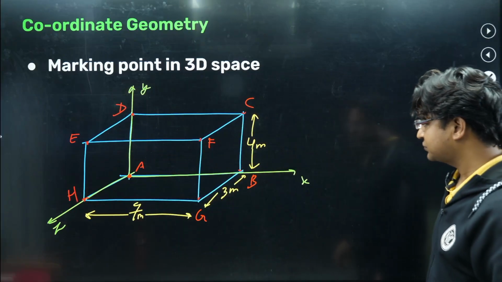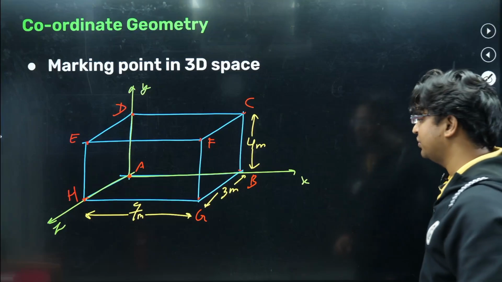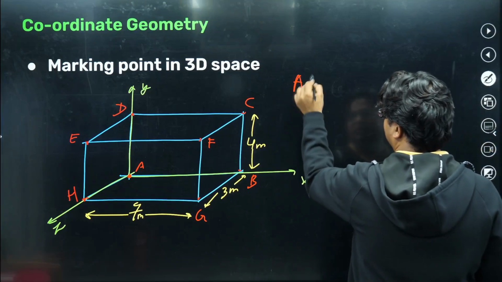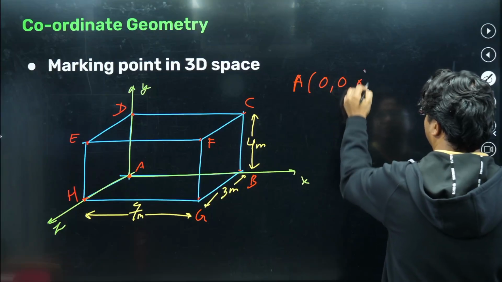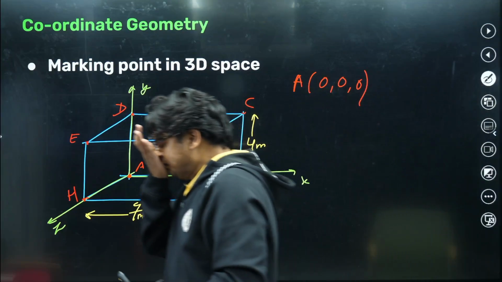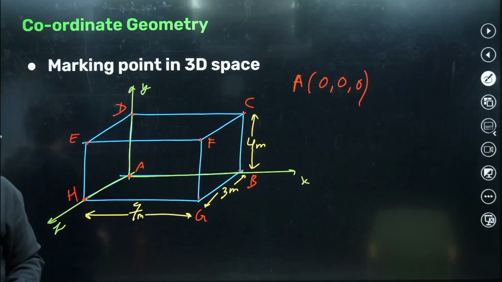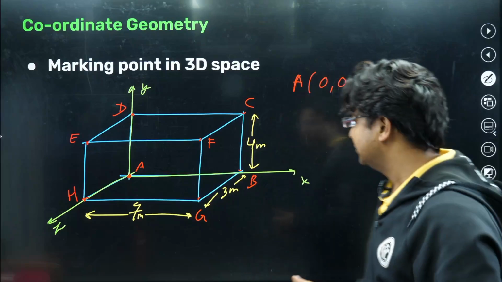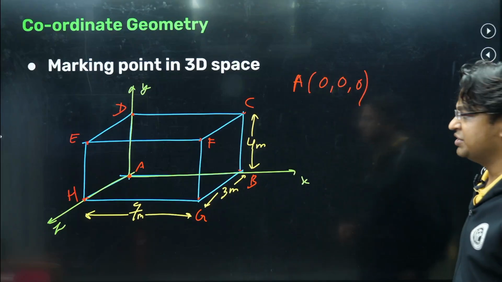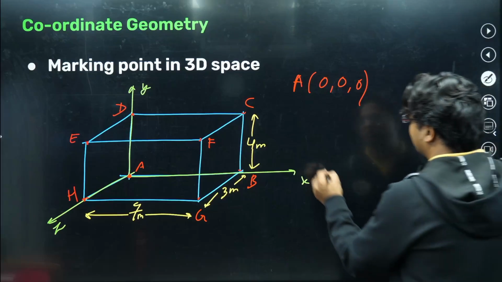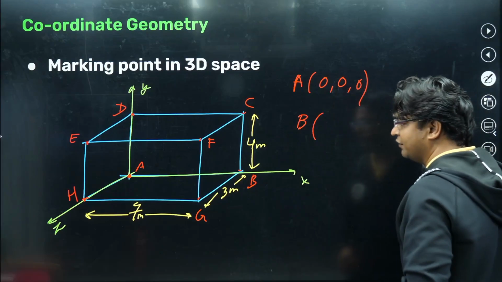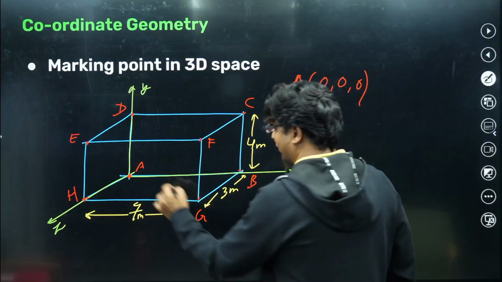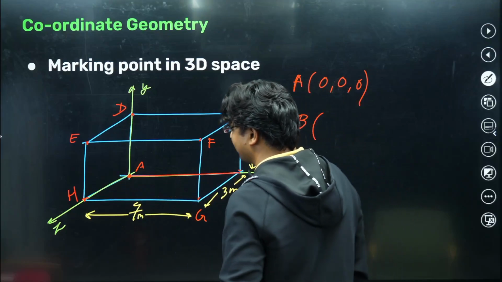If I now ask you what is the coordinate of A, it would be 0, 0, 0. The coordinates of origin are 0, 0, 0 because you need not move in any direction to get to any place from origin. Now the coordinate of B: from origin I need to walk only along x direction.